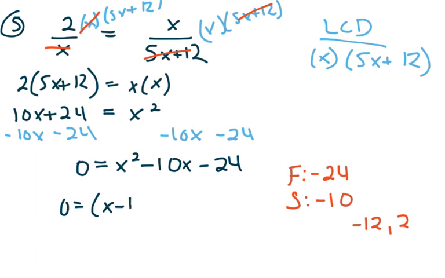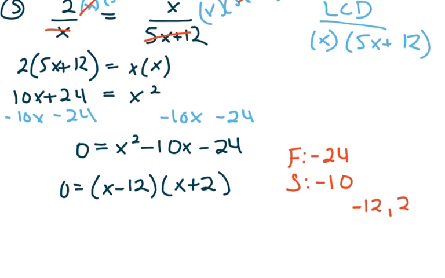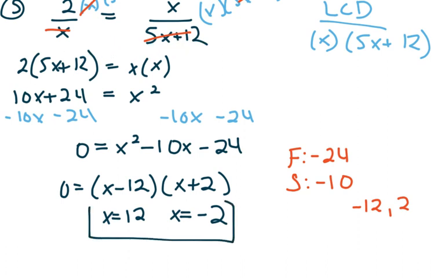So we get x minus 12 times x plus 2. Since it equals 0, we get x equals 12 and x equals negative 2. Confirm that they would not make our original denominators equal 0. They would not. So for this problem, we would have 2 solutions.